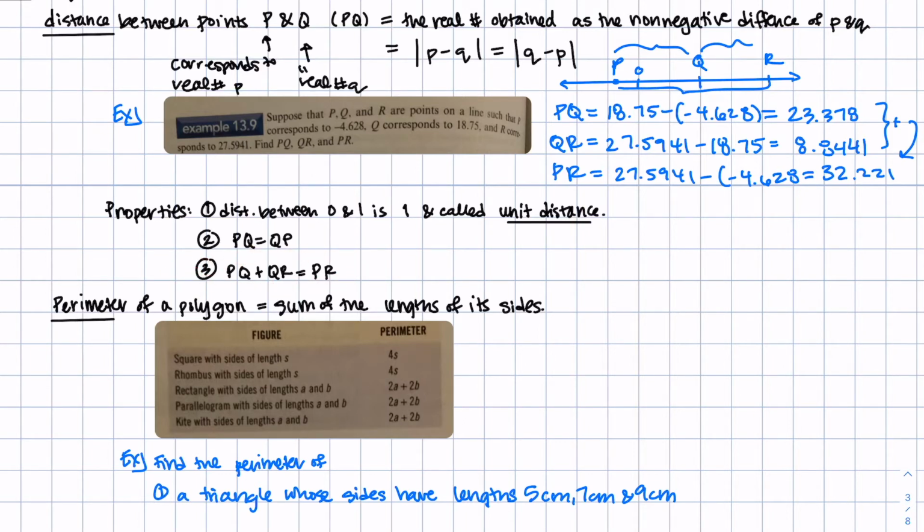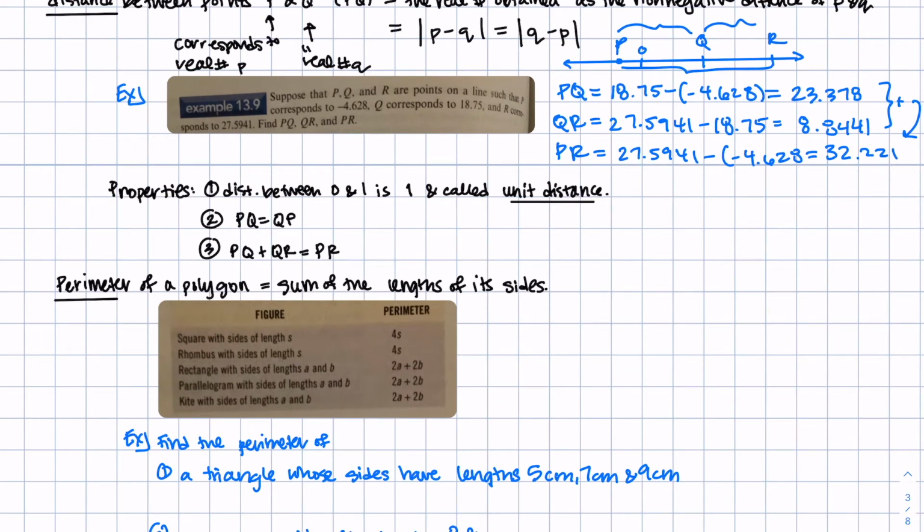If I take the distance between P and Q and add the distance between Q and R, I should get the distance between P and R. So we can see that in our example above. The last little property, which actually I listed first, is just that the distance between 0 and 1 is 1 unit, and it's called the unit distance. Okay, so this is how we think about the distance between 2 points.